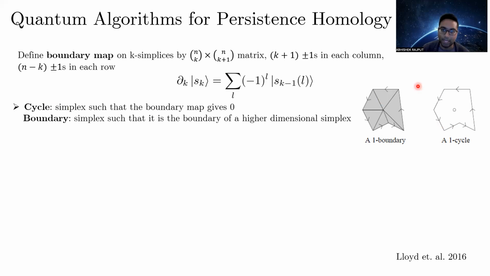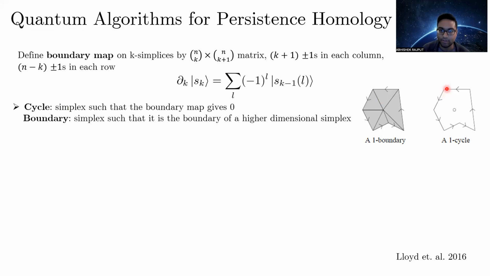The reason being that if you look at this edge over here and compute its boundary, you would get the two vertices on the boundary of this one simplex. So you get some point over here with some sign, and some point over here with some sign. But each zero-dimensional simplex on the boundary of this one simplex is also in the boundary of another simplex.